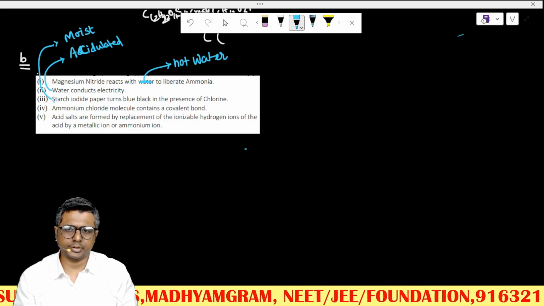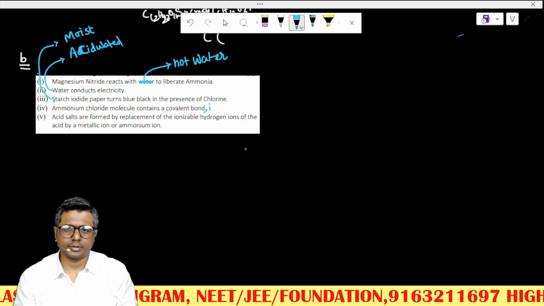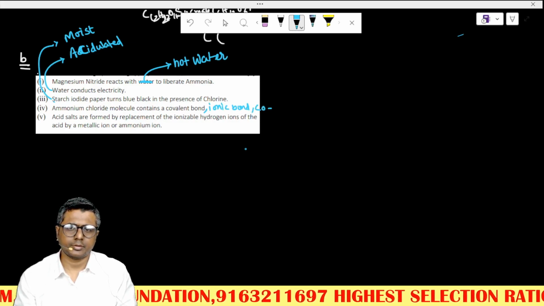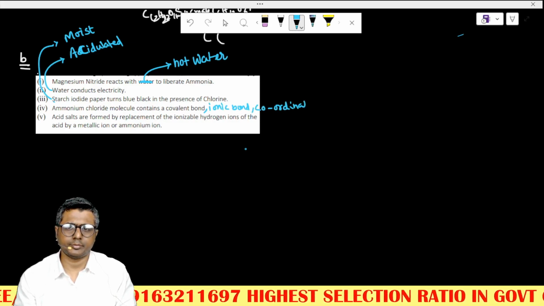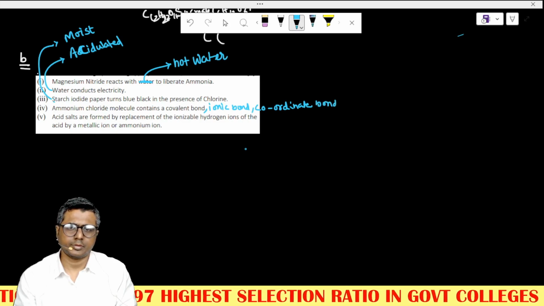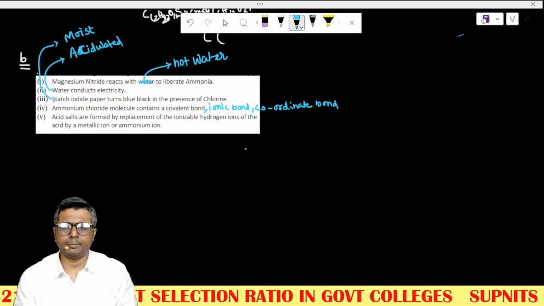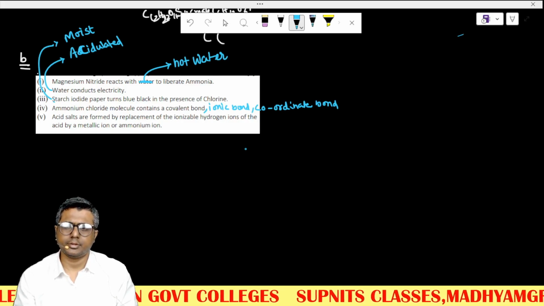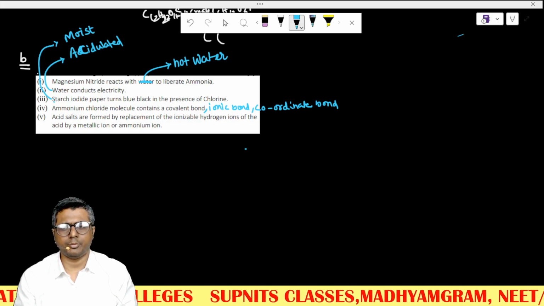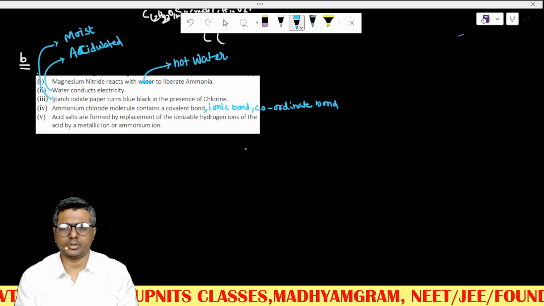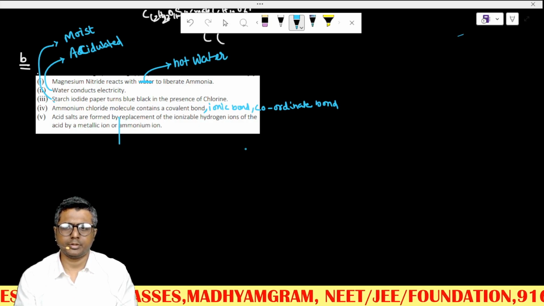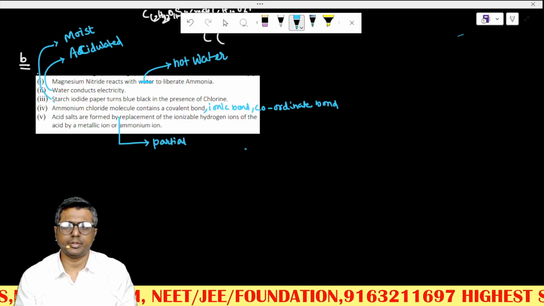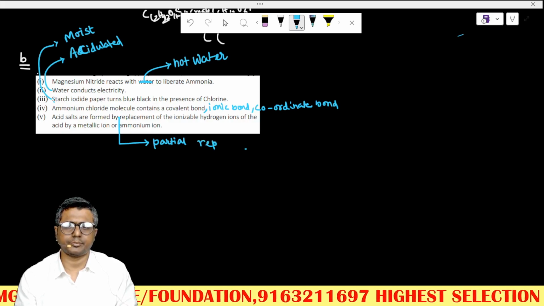Ammonium chloride contains covalent bond, ionic bond, coordinate bond. Acid salts are formed by replacement of ionizable hydrogen ions of the acid by metallic ion or ammonium ion. Just a small mistake is there. Here it will be partial replacement, not complete replacement.